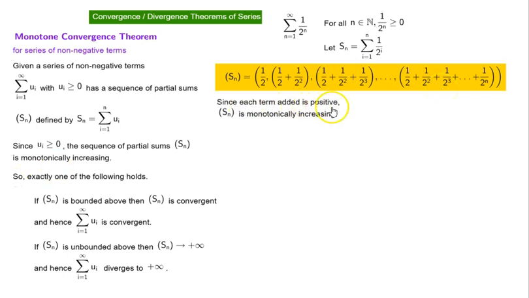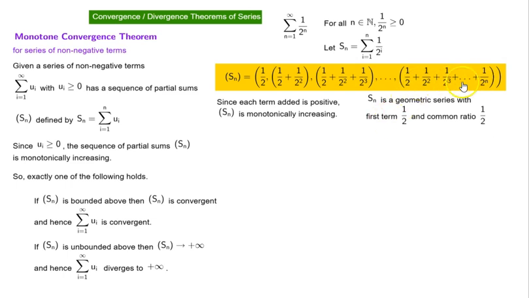Since each term added is positive, the sequence of partial sums is monotonically increasing. Now, the nth term of the sequence of partial sums is a geometric series with first term 1 by 2 and a common ratio 1 by 2.